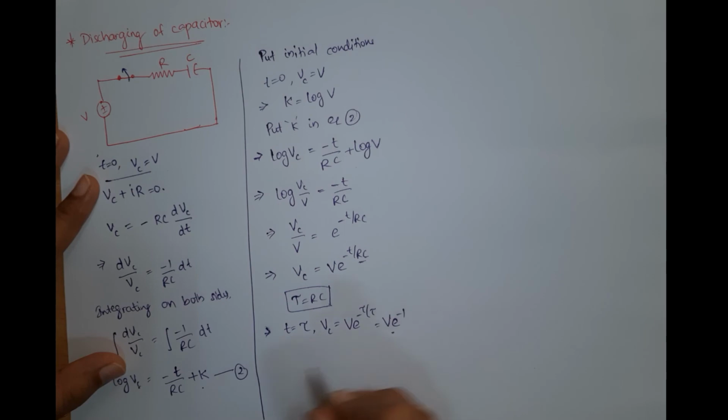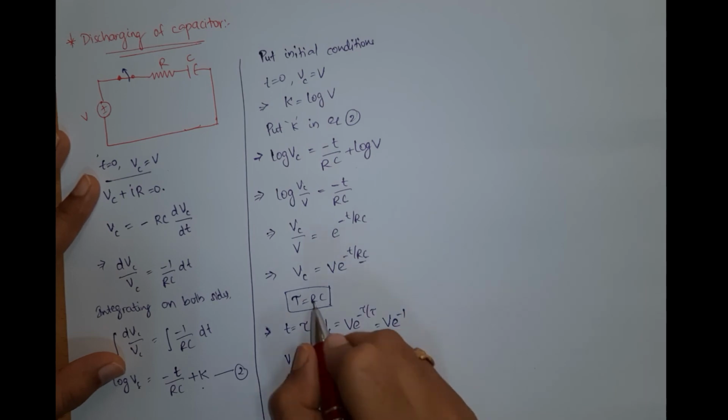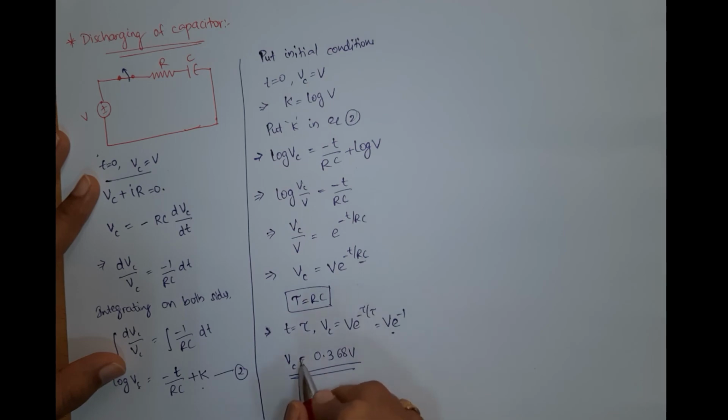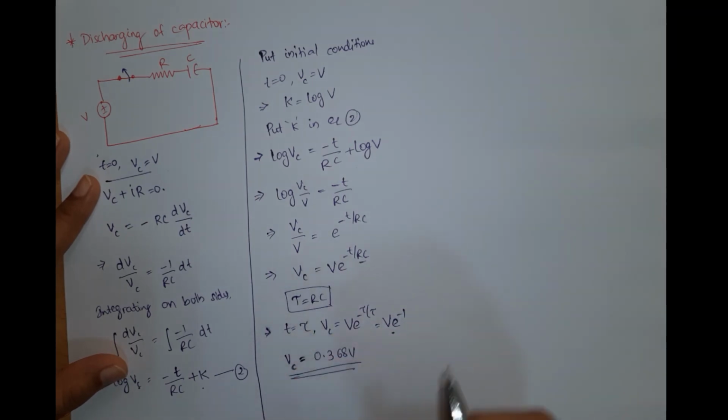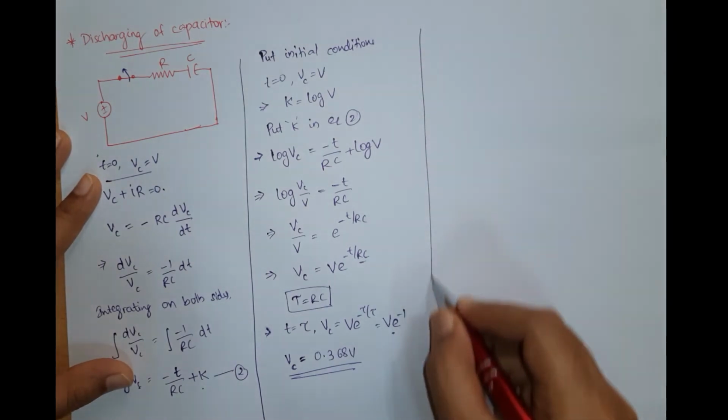When we substitute the value of e, we get Vc equals 0.368 V. That is, at the time constant, the product of resistance and capacitance, the capacitor is still not completely discharged. To obtain complete discharging of the capacitor, you have to increase the time further, greater than tau, right?